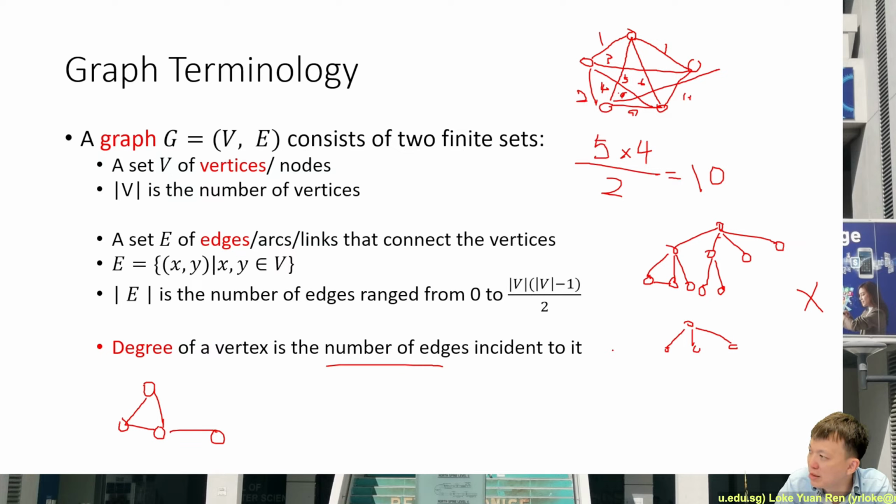So a cyclic graph does not necessarily have an Euler circuit.